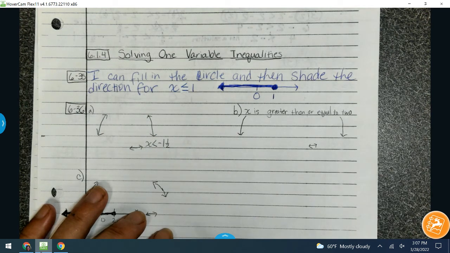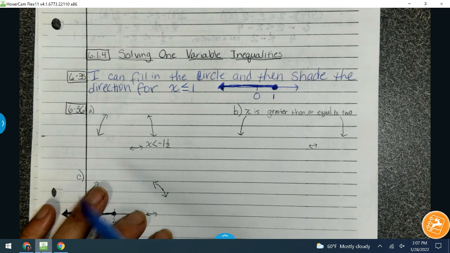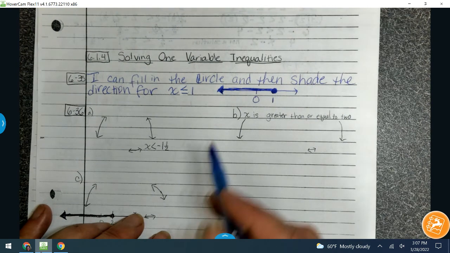What I'm going to do is write it in words first, because that helps me know how to draw my graph personally, although it really doesn't matter; I should be able to do it from any of those.